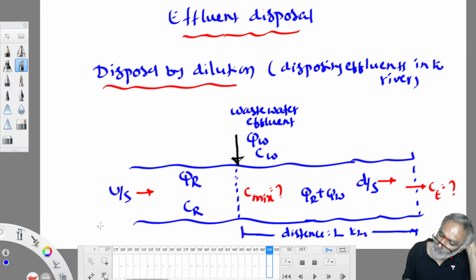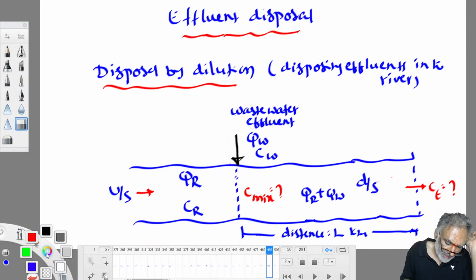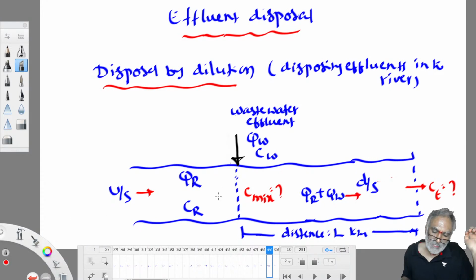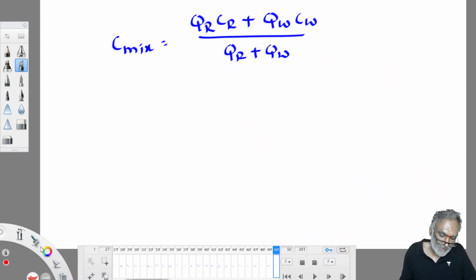So mass in is equal to QR CR plus QW CW. Mass out is equal to C mix into QR plus QW. Therefore I am looking for C mix, I will get that C mix.